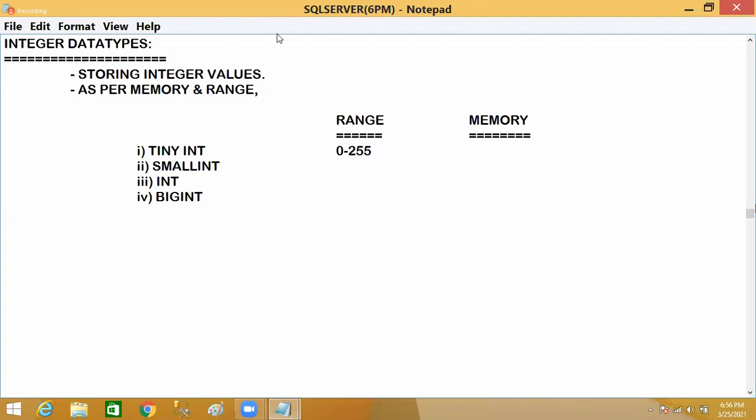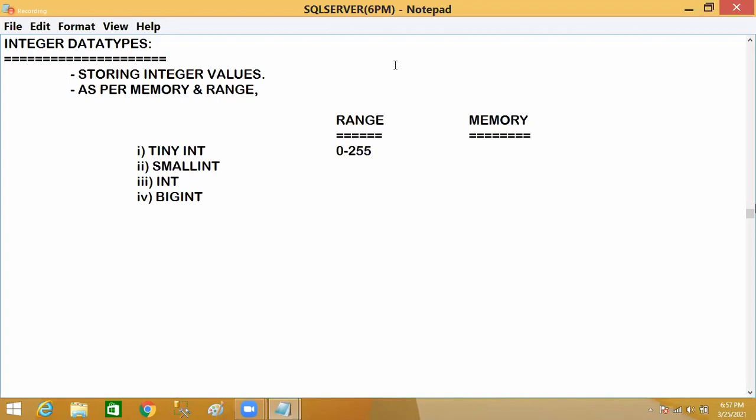That means in a tiny int data type column, we can store numbers from 0 to 255. If you try to insert 256, the tiny int data type will not allow it.